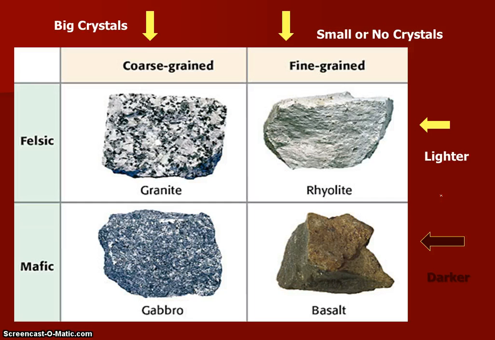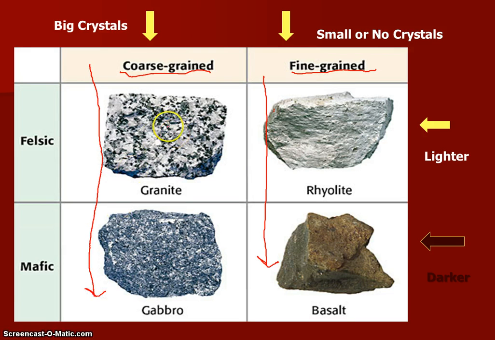Now, how can we put all this information together? So we have the words that we need to learn and understand: coarse grain, fine grain. So in this chart, if it has small or no grain, we're going to read down the column like this. If it has coarse grain or big crystals, we're going to read down the column like this.